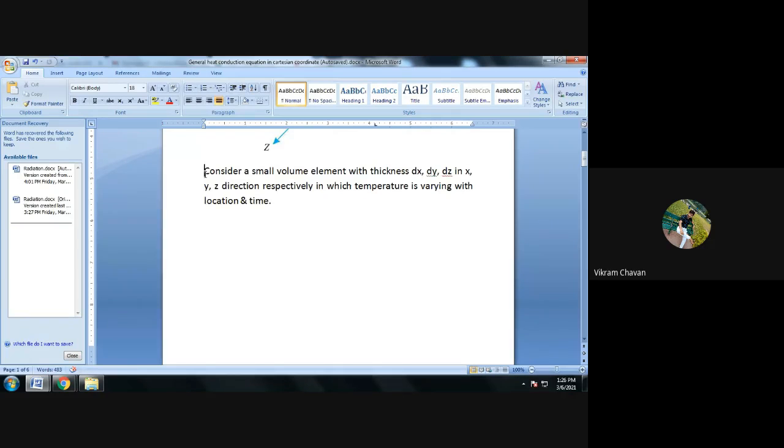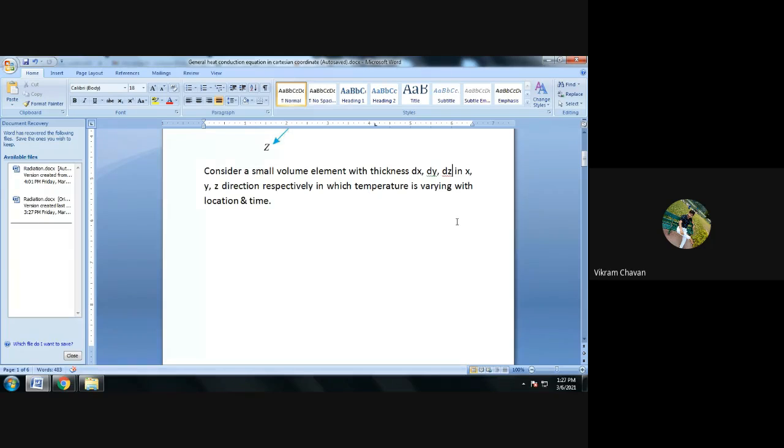Okay. So now next, write down. Consider a small volume element with thickness dx, dy, dz in x, y, z direction respectively, in which temperature is varying with location and time.